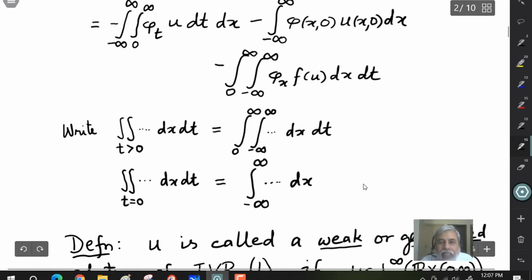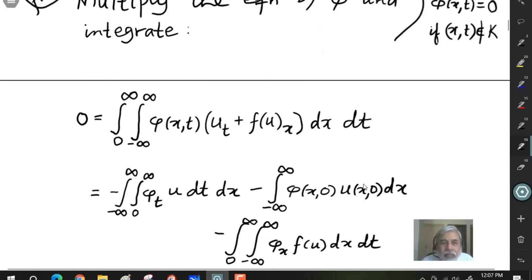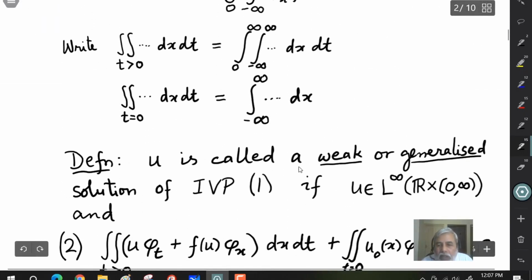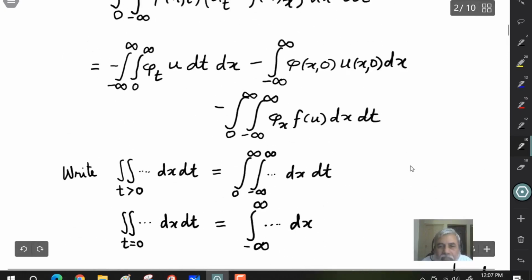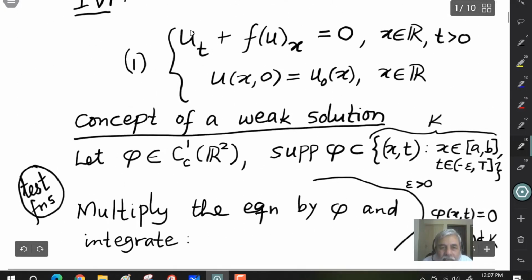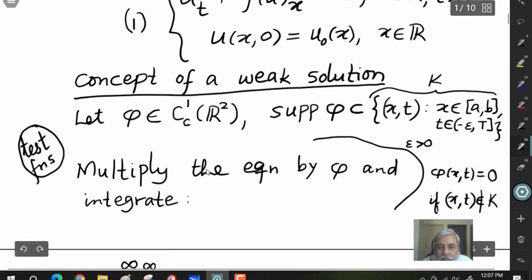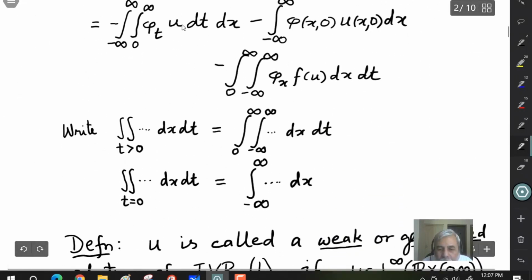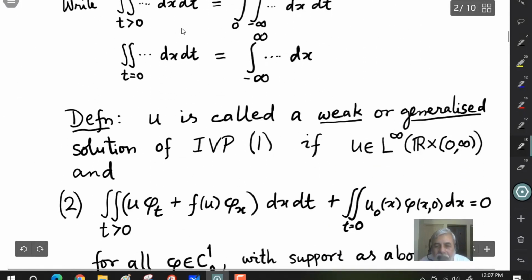Here is the definition: u is called a weak solution or generalized solution of the initial value problem. Again, just remember that, that will be the IVP we will be dealing with throughout this series of lectures on conservation laws.